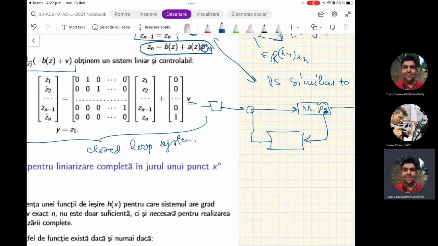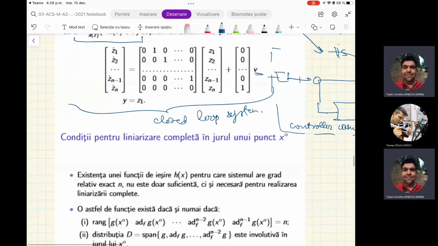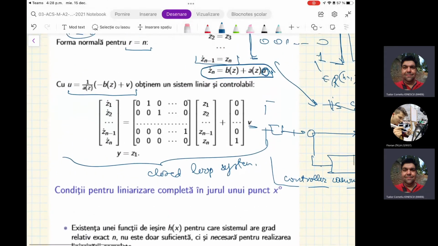And this guy is in controller canonical form. This is in controller canonical form. This is very nice.